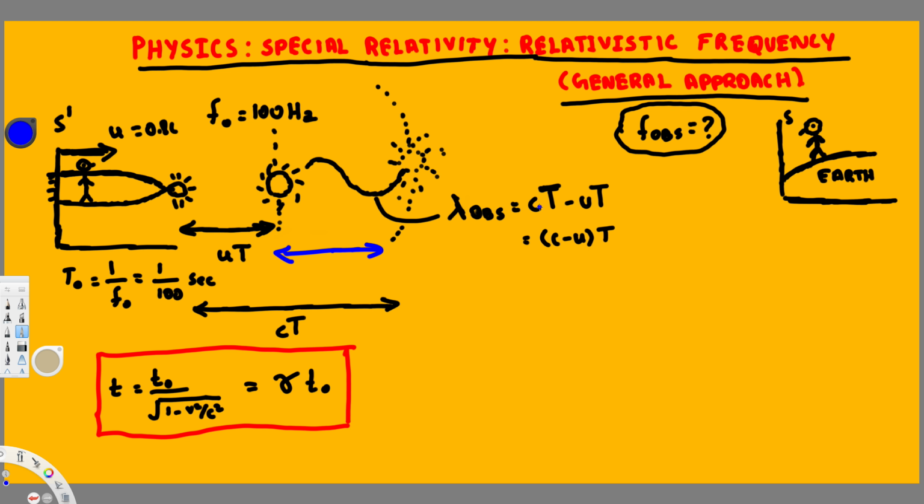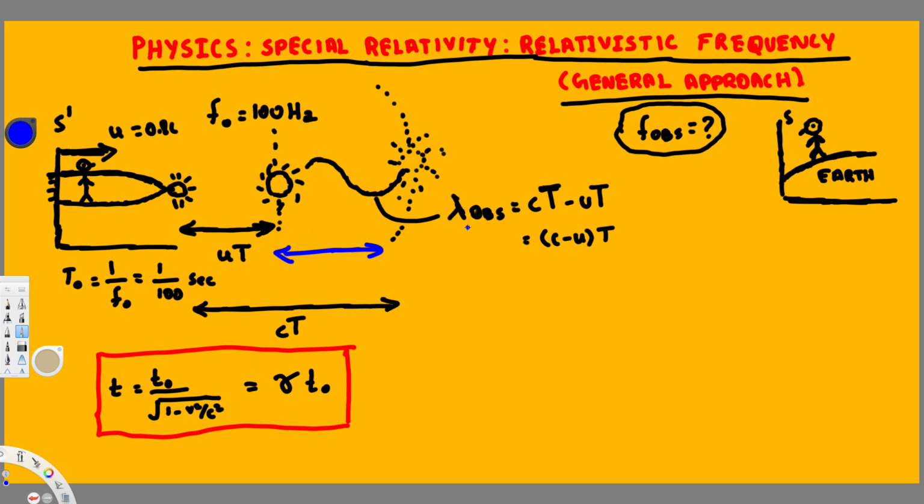That is this equation, right? c t is the light traveled, speed of light times the period of the light, and u, the speed of the spaceship, times the period of this light right here, right? So this is the equation for lambda observed.